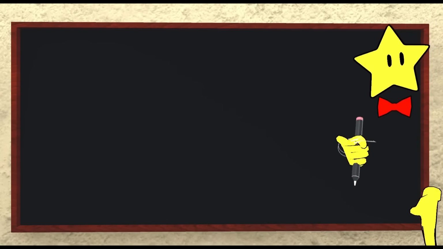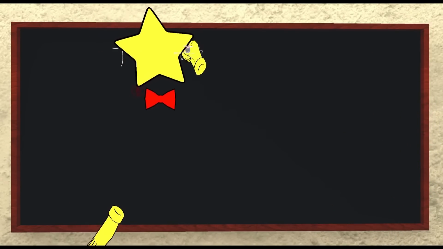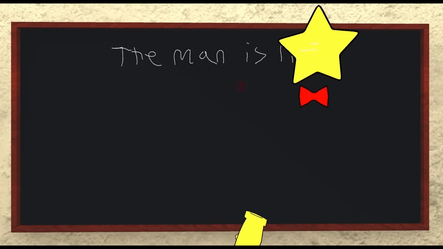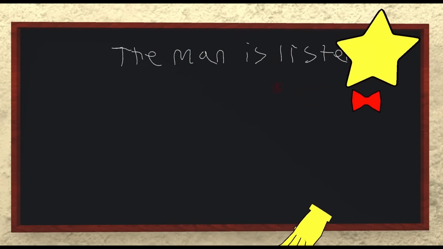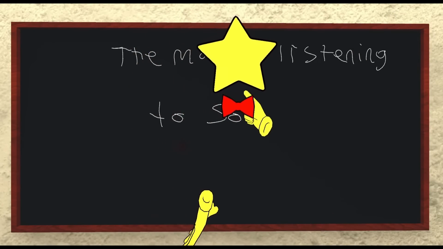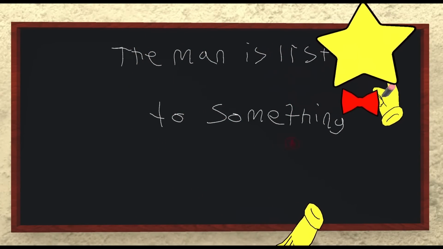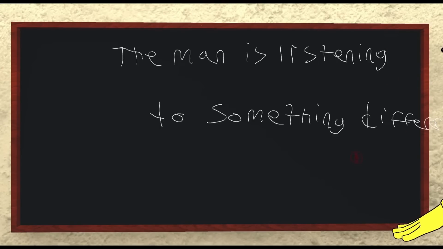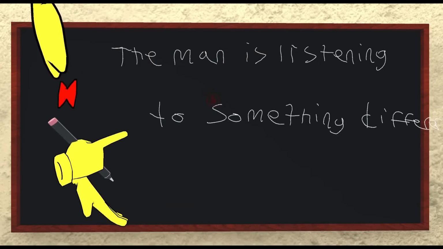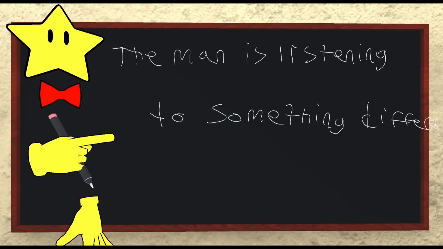So let's say, for our final sentence here, the man is listening to something different. You'll have to forgive my handwriting there, but the man is listening to something different.